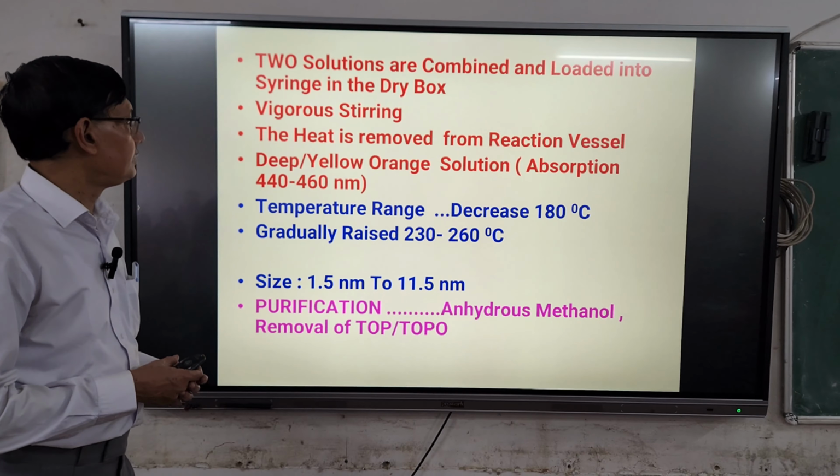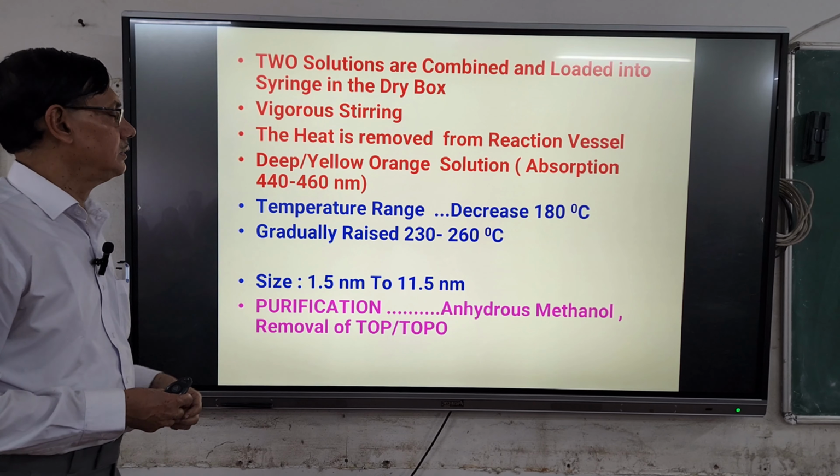The two solutions are combined and loaded into a syringe in the dry box, with vigorous stirring as I told you, and then the heat is removed, because we decrease the temperature, and we get a very good yellow-orange solution.